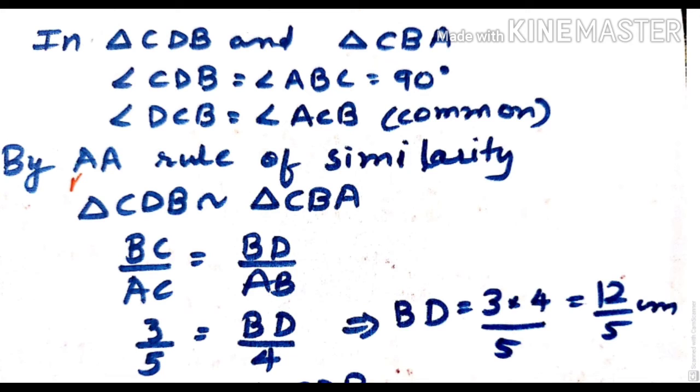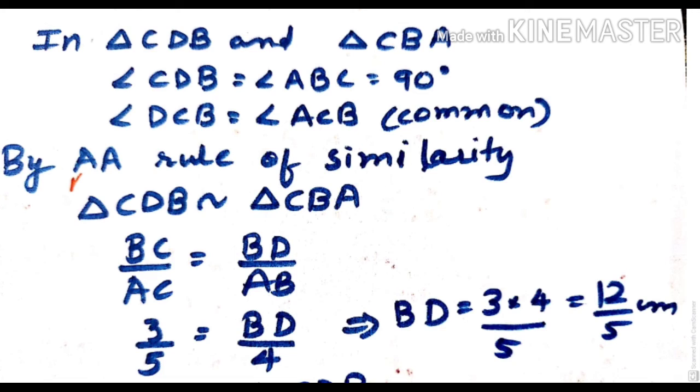One triangle is right angled at B, that is triangle ABC, or you can say CBA, and another triangle, the smaller one, CDB, is right angled at D. So using our similarity, we will get here angle CDB is equal to angle ABC is equal to 90 degrees.